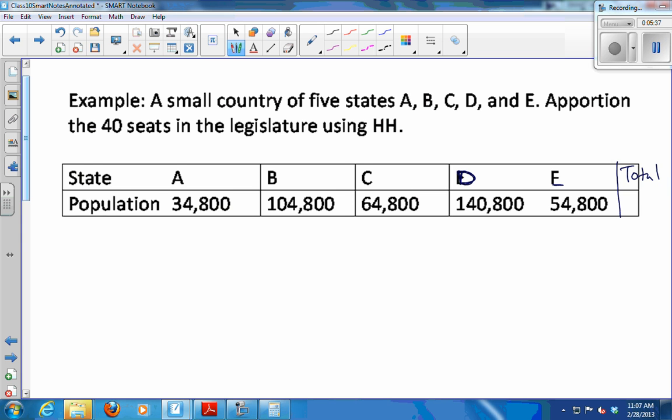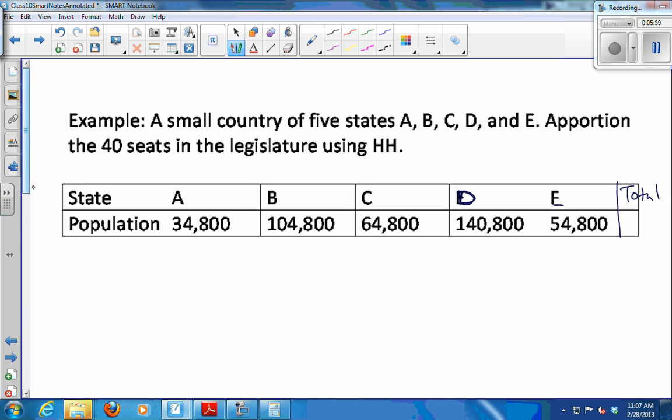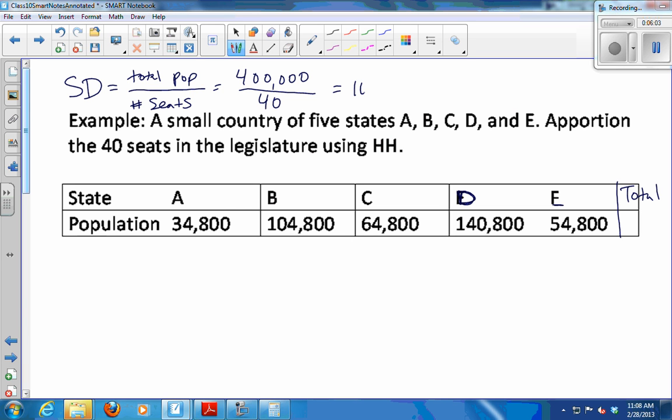As usual, we're going to start with a standard divisor. The standard divisor is total population, 400,000, divided by the number of seats. So 400,000 divided by 40 seats is 10,000 people per seat.